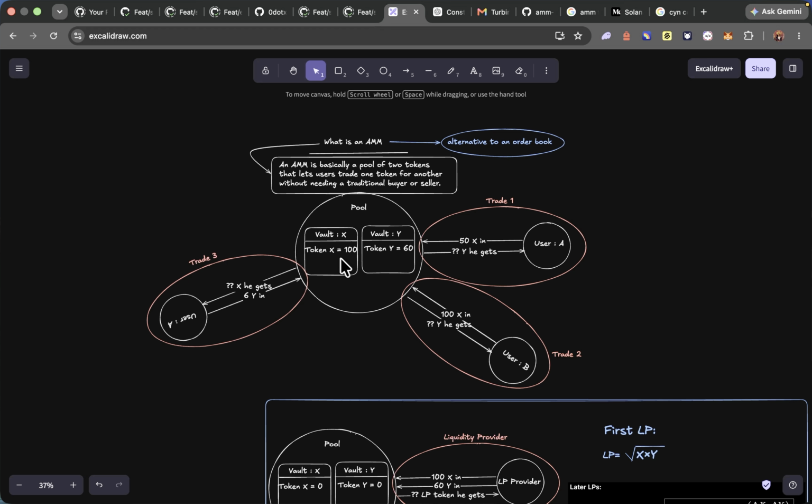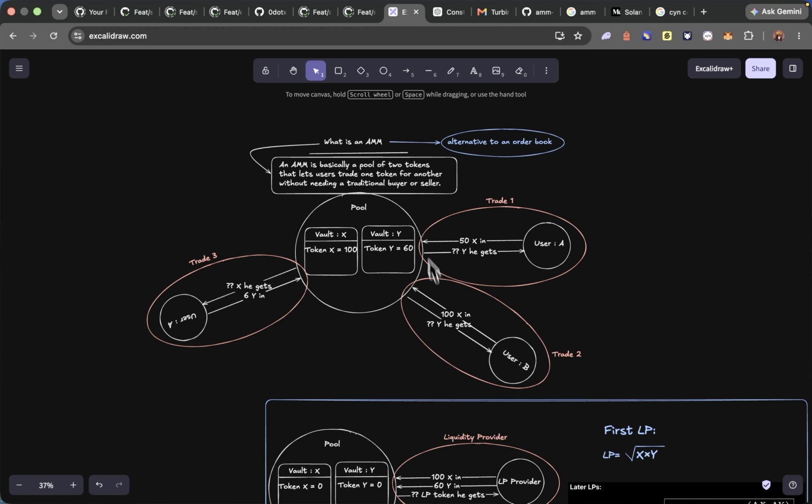So we have two separate vaults where we store two separate tokens. Let's say user A comes to our pool and he has 50 X tokens and he wants Y tokens. So there is a formula which governs for 50 X tokens how many Y tokens he will get in return. So this is our trade one.